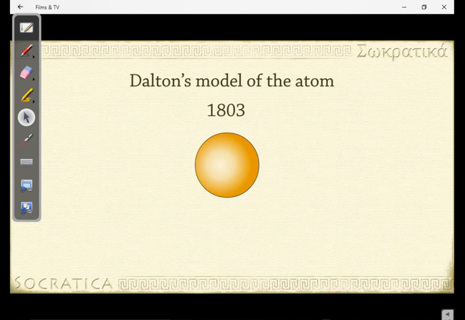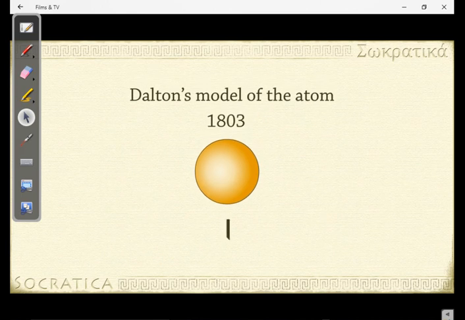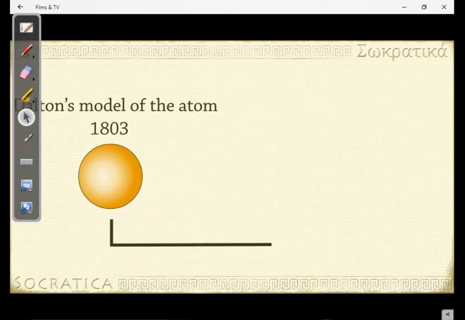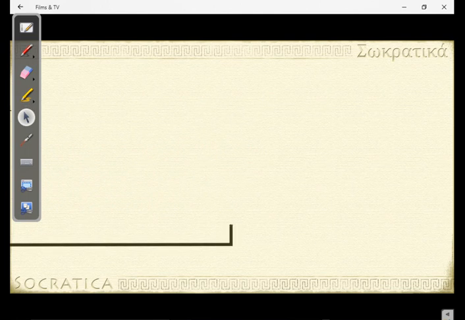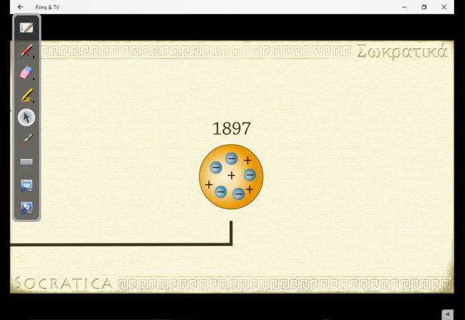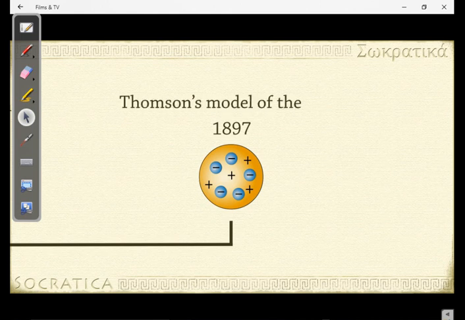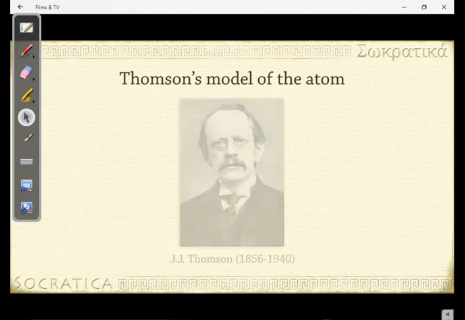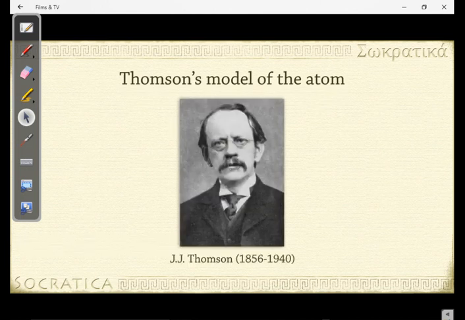Since Dalton's first conception, the model of the atom has evolved over time. Each time new experimental observations were gathered that couldn't be explained by the atomic model of the day, the model had to be revised and refined. For instance, the discovery of subatomic particles meant Dalton's model that said atoms were indivisible needed some work. In 1897, J.J. Thomson was the first to discover a subatomic particle, the electron, through his experiments with cathode rays.